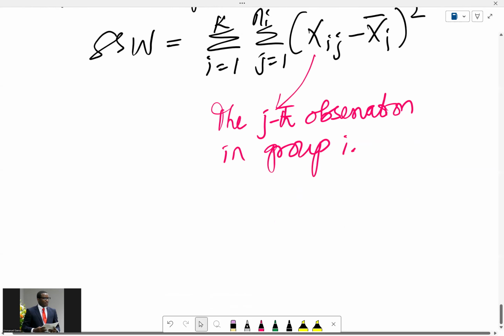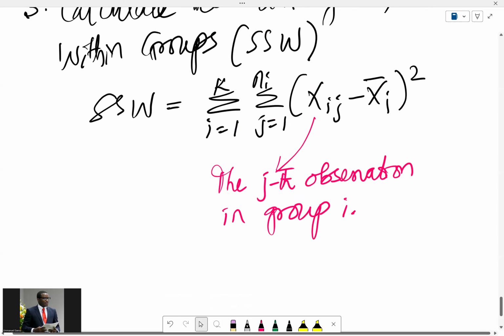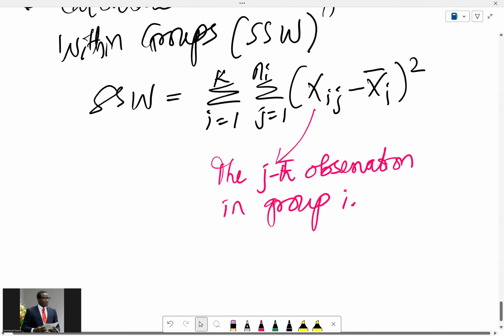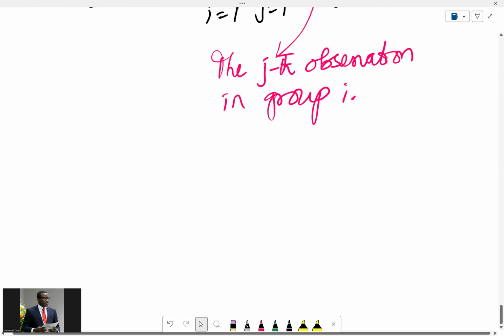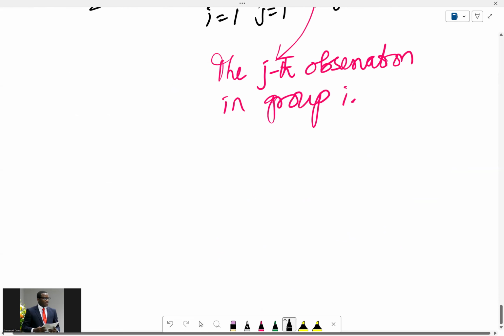And then we go to the fourth step. Of course, you already know xi bar is the mean of group i. We've seen that before, so there's no need to bother about that anymore.